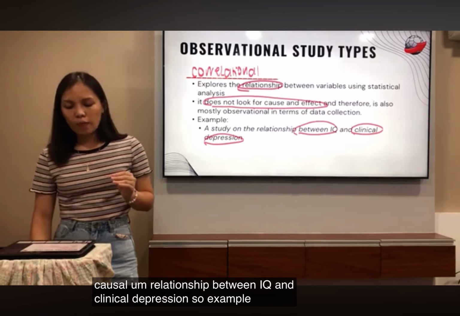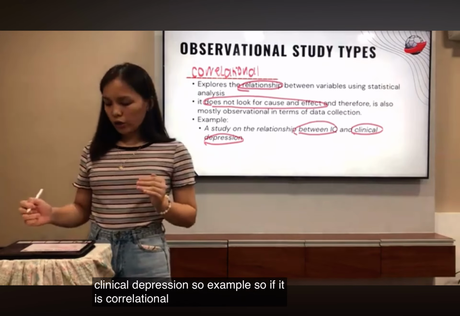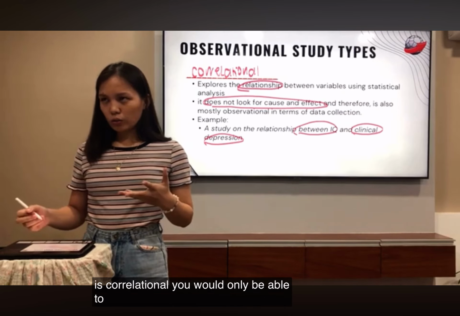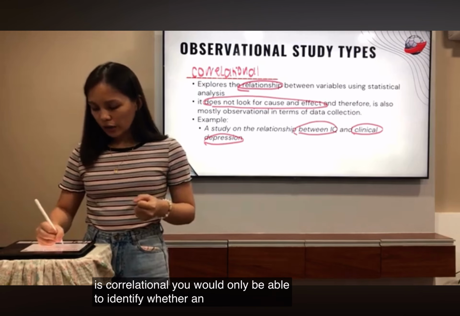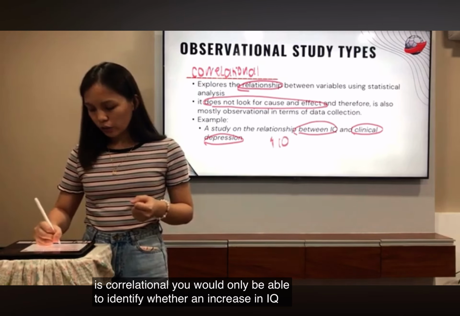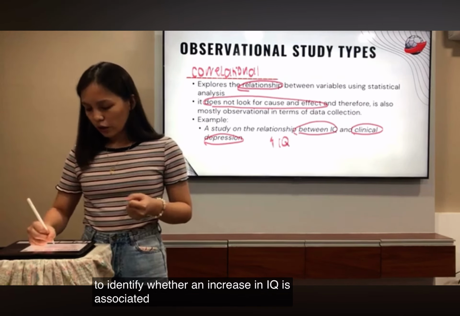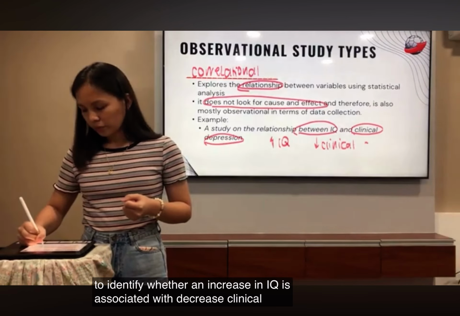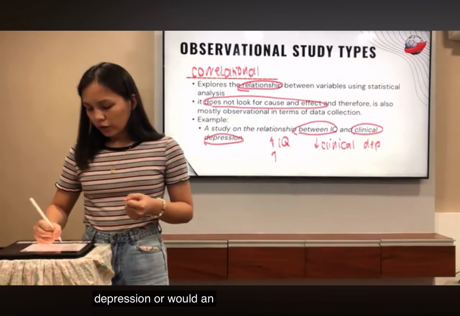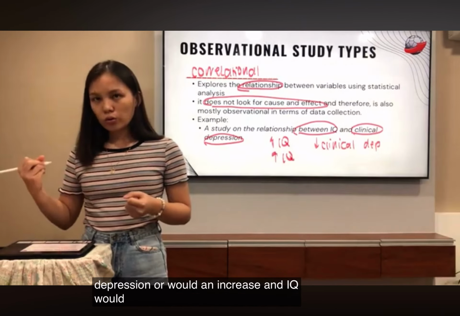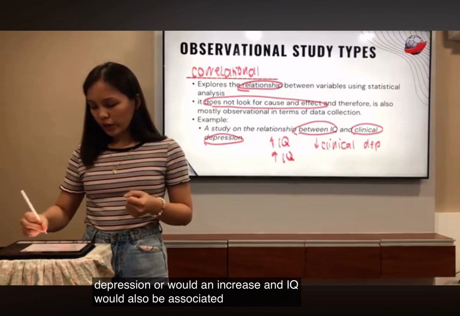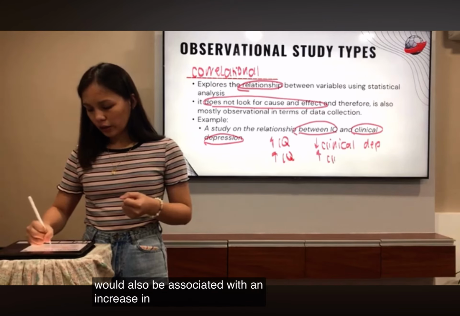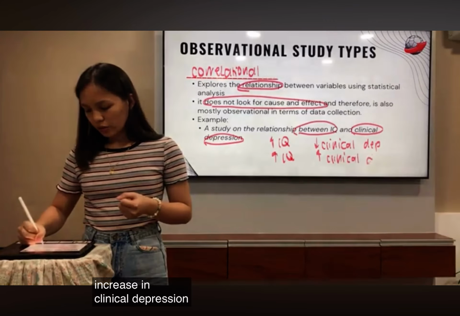So if it is correlational, you would only be able to identify whether an increase in IQ is associated with decreased clinical depression, or whether an increase in IQ would also be associated with an increase in clinical depression.